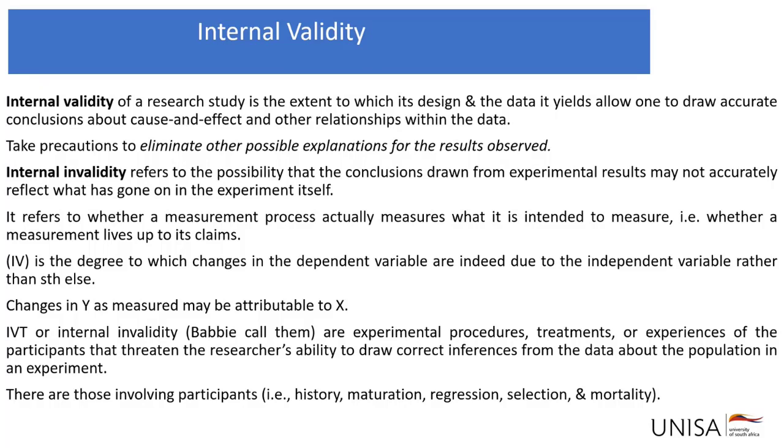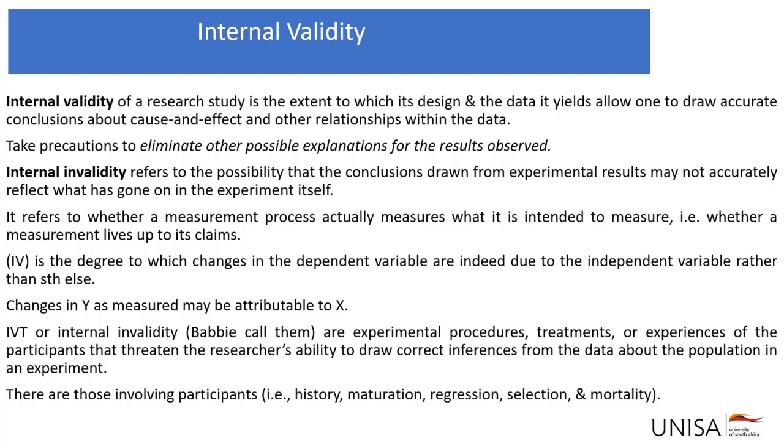So internal invalidity, which is what Bobby called them, refers to the possibility that the conclusions drawn from experimental results may not accurately reflect what has gone on in the experiment itself. So once there is doubt, and I like what normally happens in the legal fraternity, they always use the words beyond reasonable doubt.